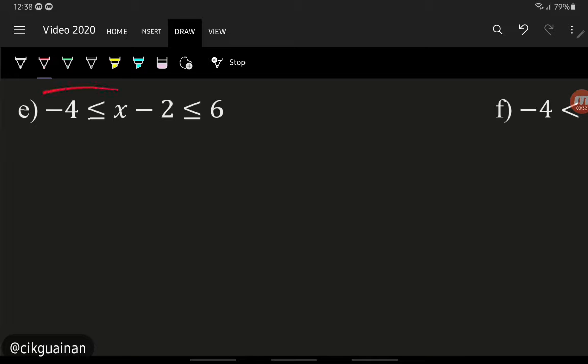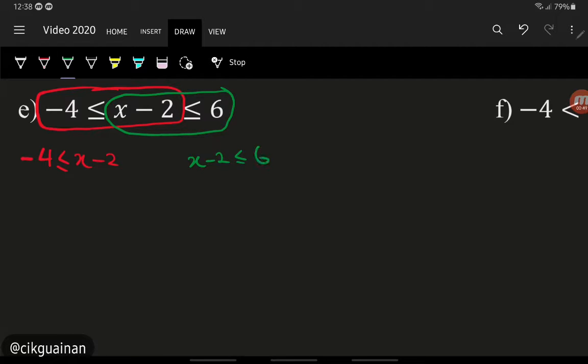So this one, we have this red part, and then we separate them over here: -4 less than or equal to x minus 2. And then the green part over here, x minus 2 less than or equal to 6. When we separate them, we have to put an intersection between them.